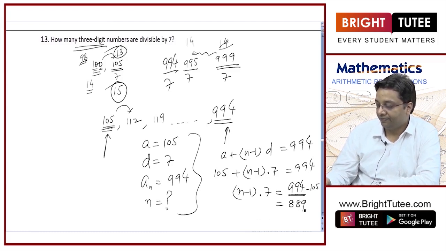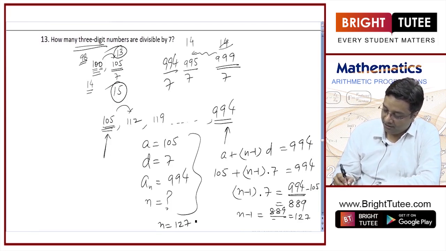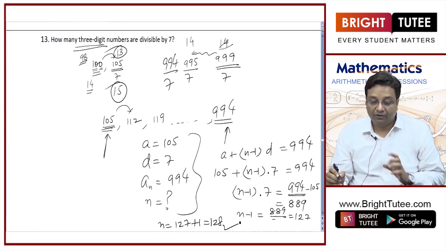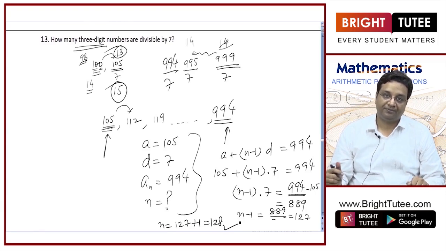Am I correct? Yes. So N minus 1 will be equal to 889 by 7, which is equal to 127. So N will be equal to 127 plus 1, which is equal to 128. So there are 128 3-digit numbers which are divisible by 7.